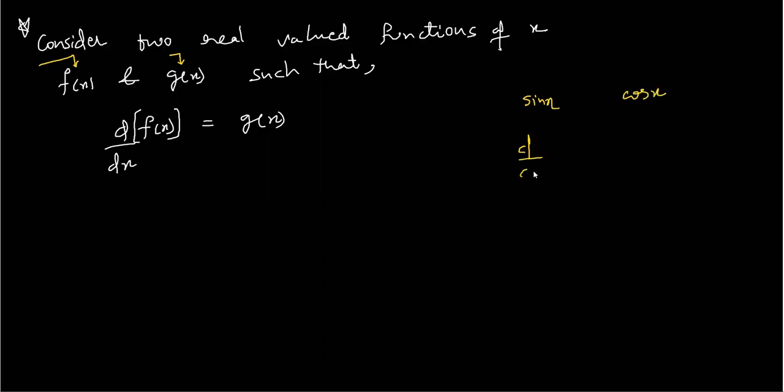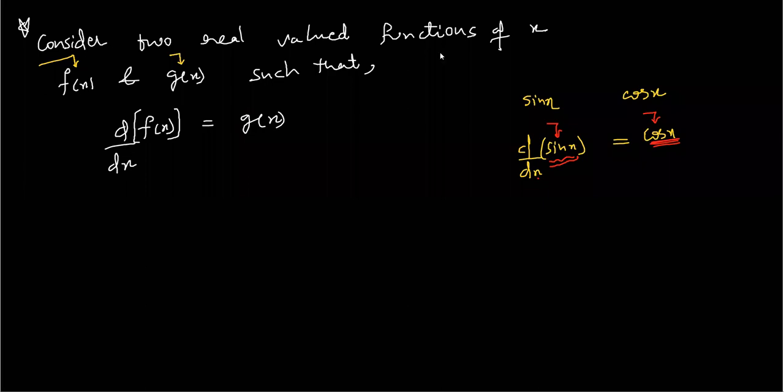You all know d by dx of sin x is equal to cos x. There is nothing rocket science here, it's a very simple thing. So you can take this as f of x and this as g of x. Derivative of f of x with respect to x is g of x.